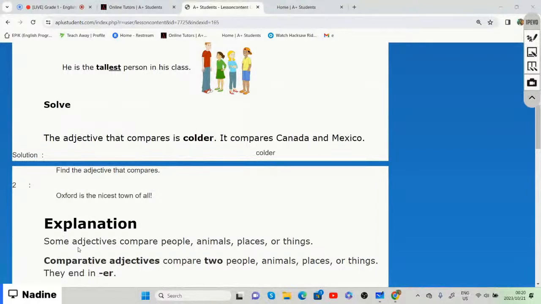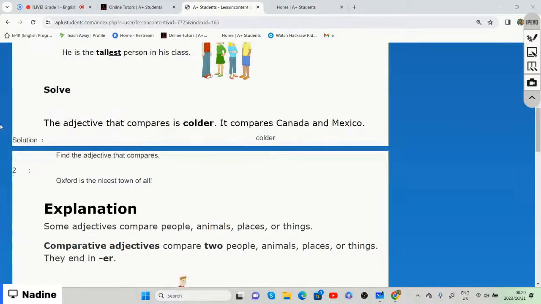Let's identify the adjectives that compare within that sentence. You need to find the adjective that compares within Oxford is the nicest town of all, since some adjectives compare people, animals, places, or things.